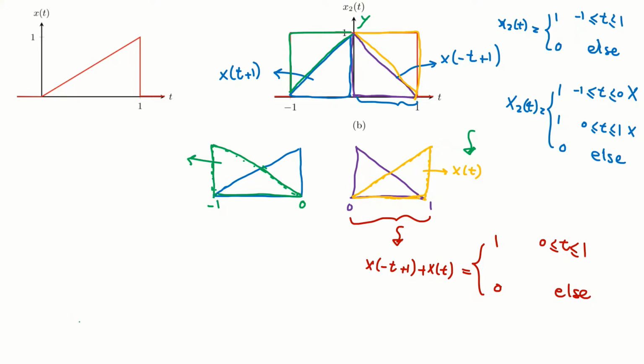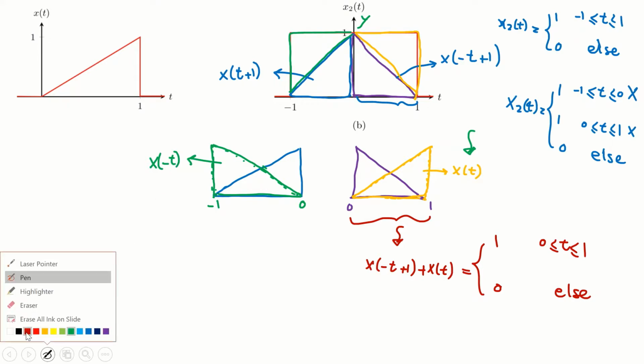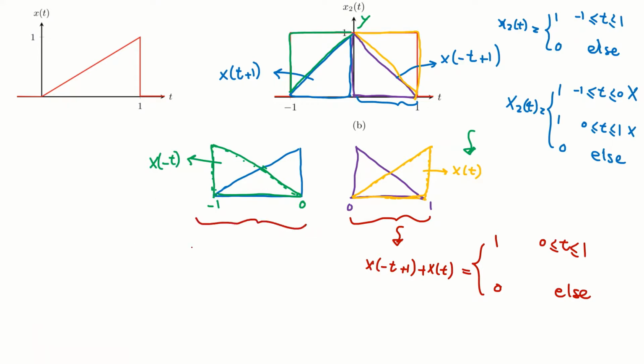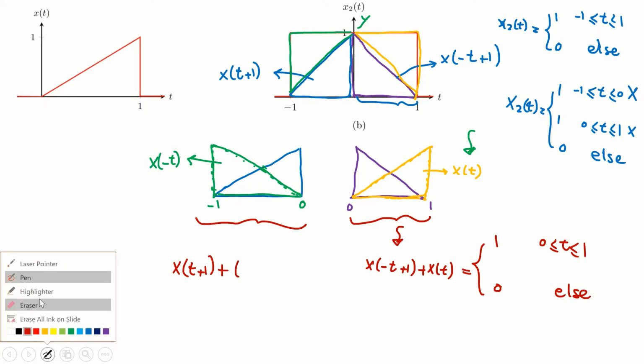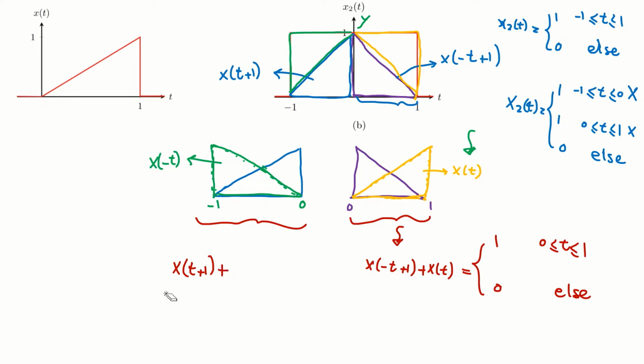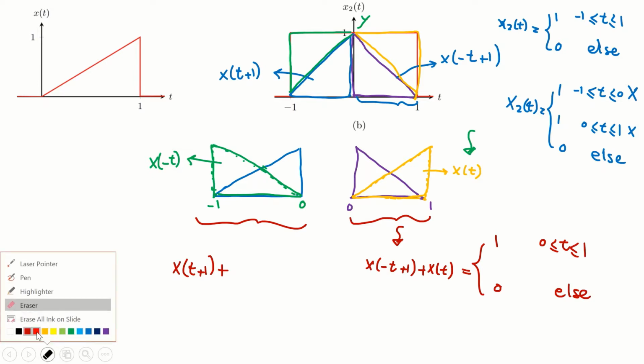So I can say this is nothing but x of minus t. So you can see that I can add these two signals, and I would have x of t plus 1 for the blue part plus x of minus t for the green part.